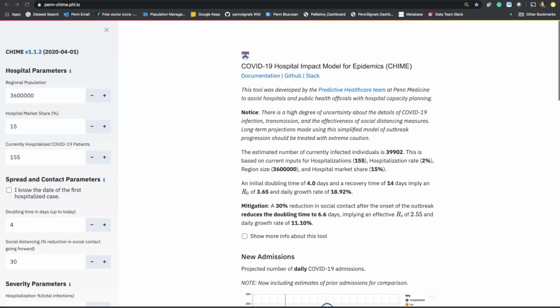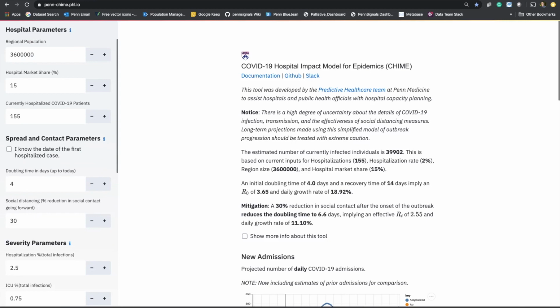So on to the spread and contact parameters. CHIME provides two ways to fit the SIR curve to your observed data that you entered. So today's date with current hospitalization, what you can do is enter in a doubling time; in this case there's a doubling time of 4.